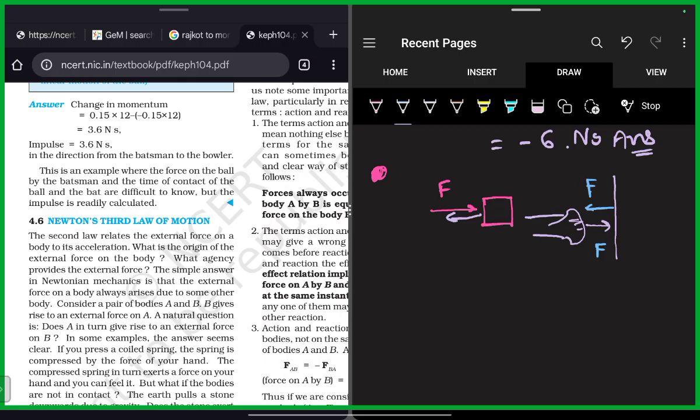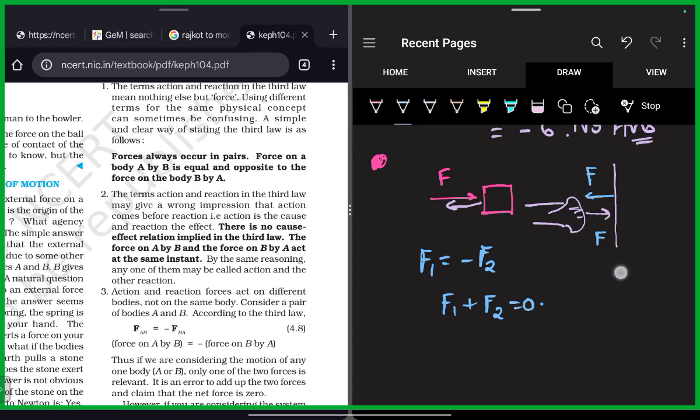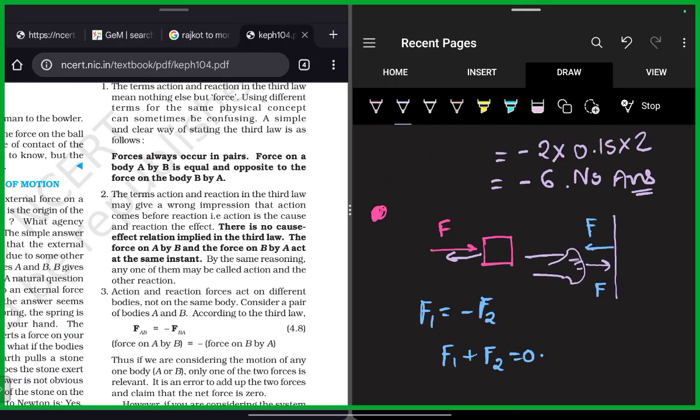That's why we get hurt when we hit a wall. So F1 is equal to minus F2, or you can say F1 plus F2 is equal to 0. Force always occurs in pairs. The force on a body A by body B is equal and opposite to the force on body B by A.